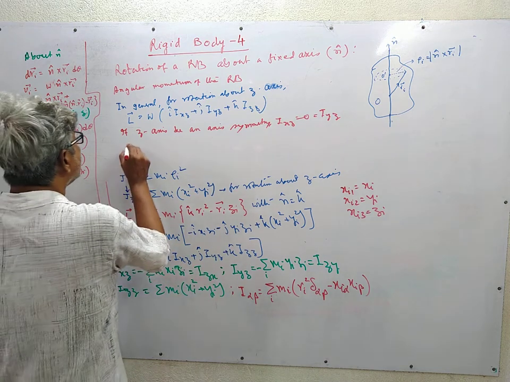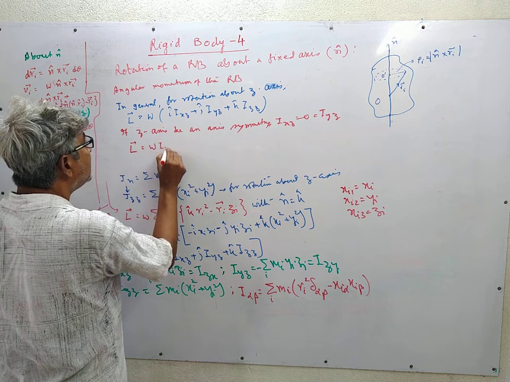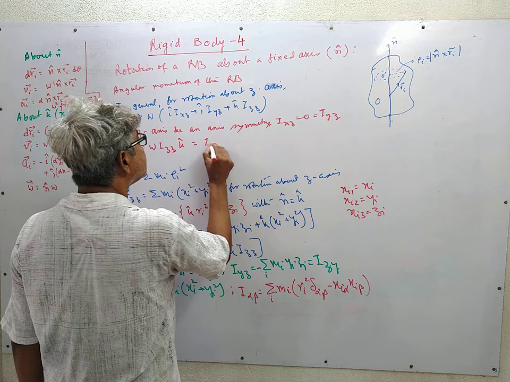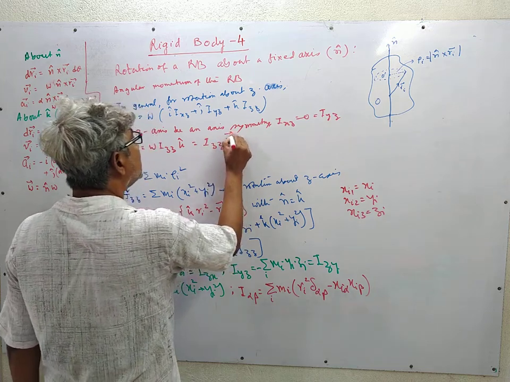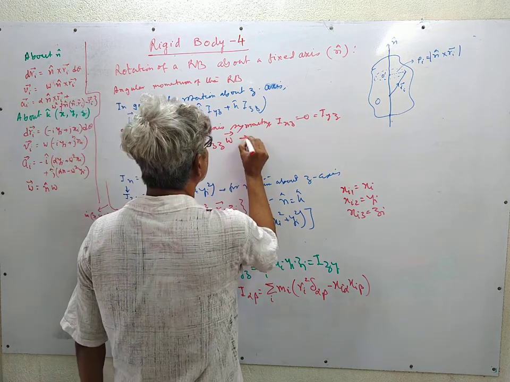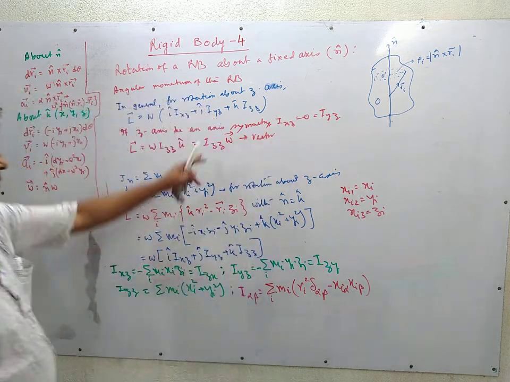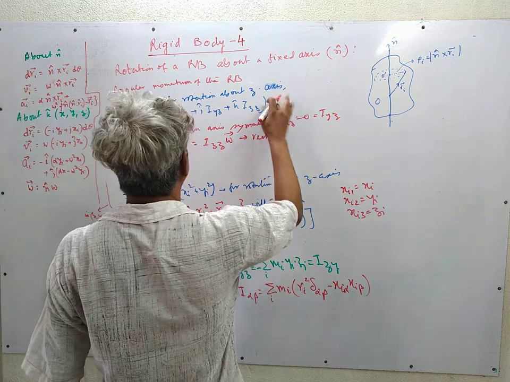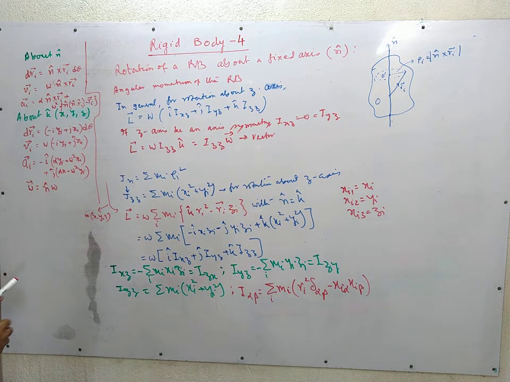And in which case L is equal to omega I zz k cap, which can be written as I zz omega. So this is a vector relation, in which case the moment of inertia is a scalar, but it is not a vector relation in general, as we shall explain afterwards.